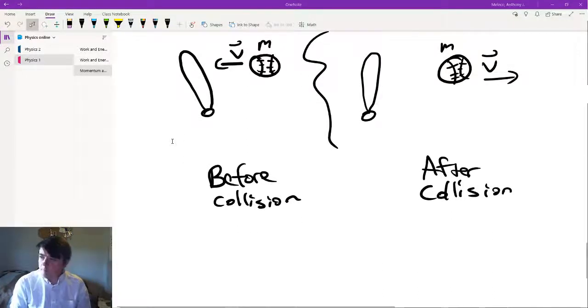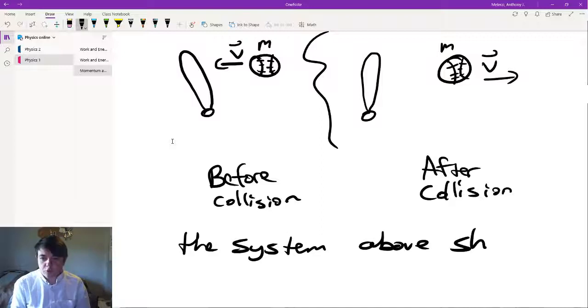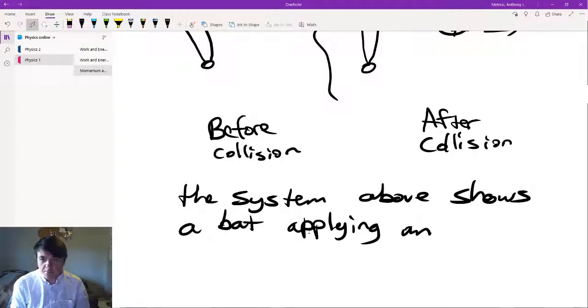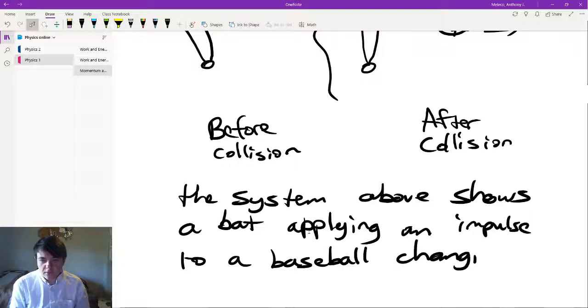So let's just write this out here. The system above shows a bat applying an impulse to a baseball, which changes its momentum.